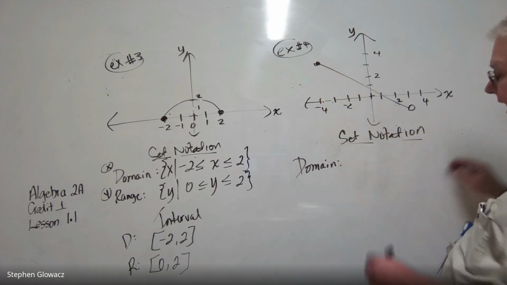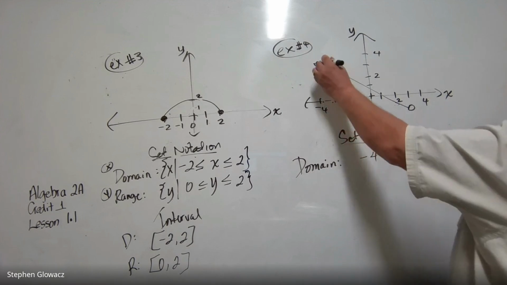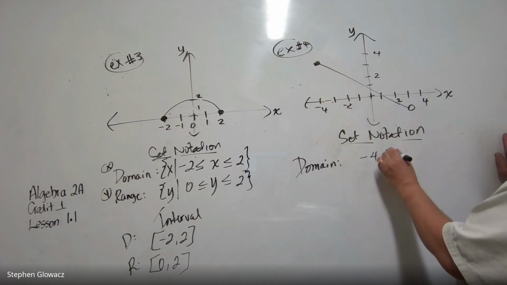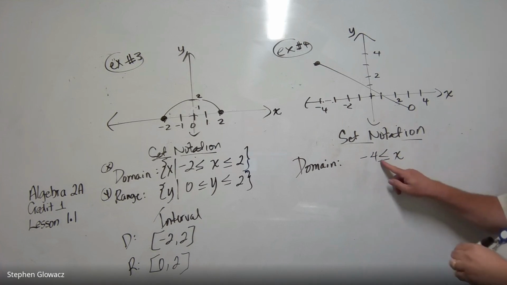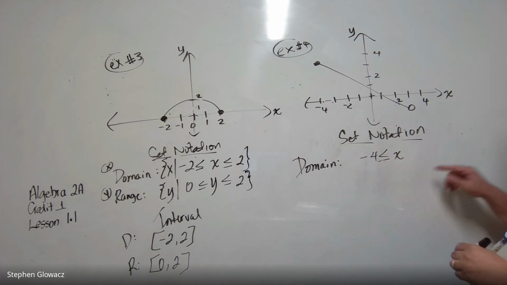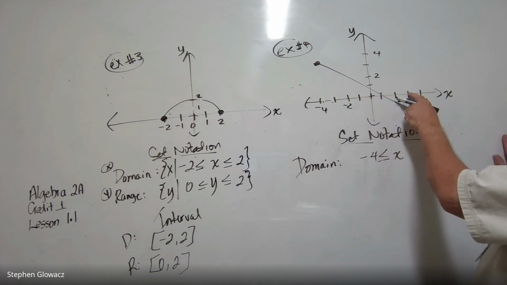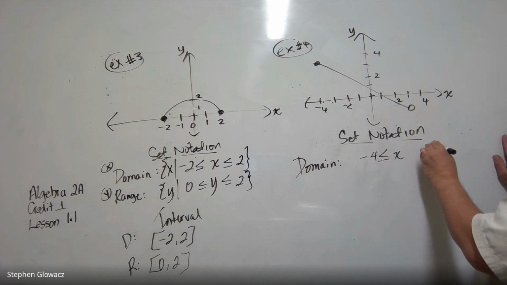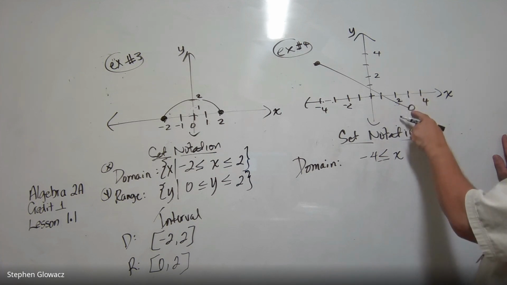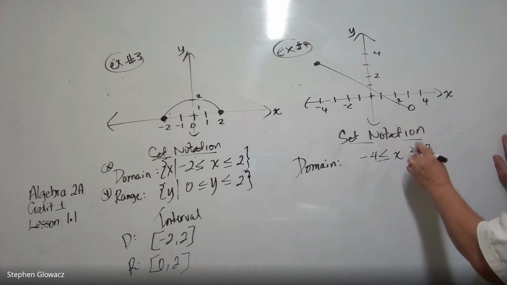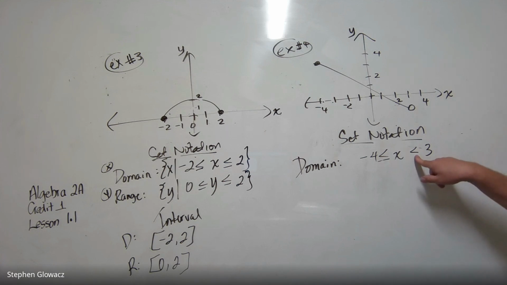So we're starting at -4, and it looks like we have a solid dot here, so we're including -4. So we put that equal sign below the inequality. It's going all the way up here to 1, 2, 3, to +3, but there's an open circle here at +3, and so no equal sign below the inequality.